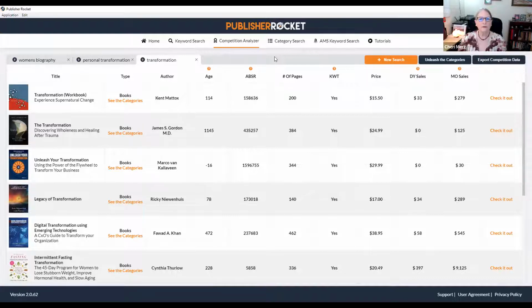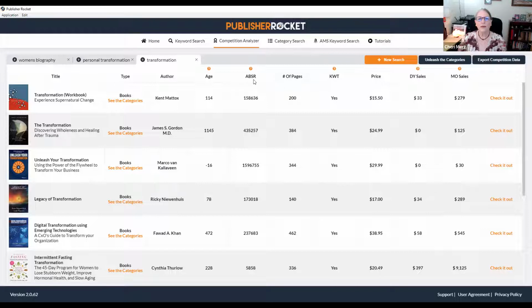And what all of this means is the age of the book in days, the number of days since it was published. If it is a pre-order book like this one, it shows the number of days until it publishes. So this Unleash Your Transformation will publish 16 days from today.